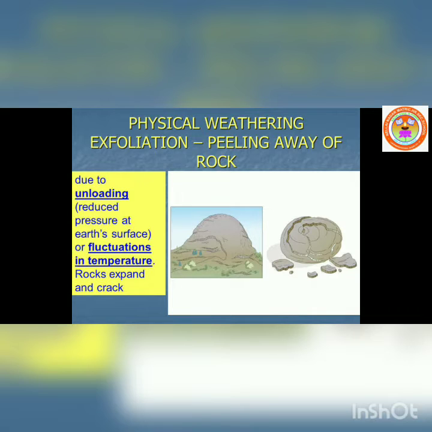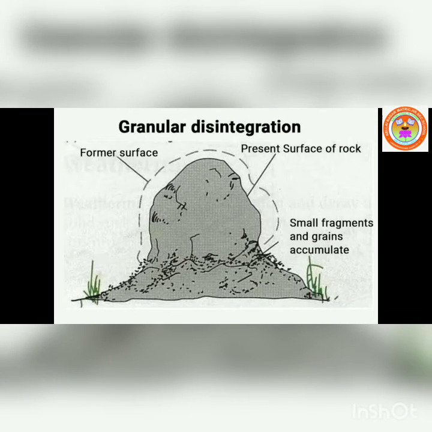How does it happen? Due to unloading or fluctuations in temperature, rocks expand and crack. So this is called exfoliation. Sheeting and shattering are the other forms of exfoliation. Granular disintegration takes place in crystalline rocks, where the grains of the rocks become loose and fall out.